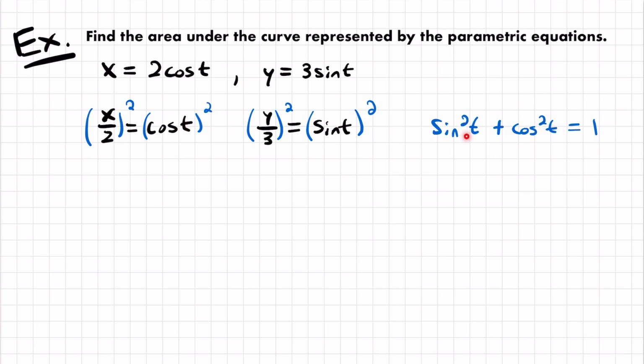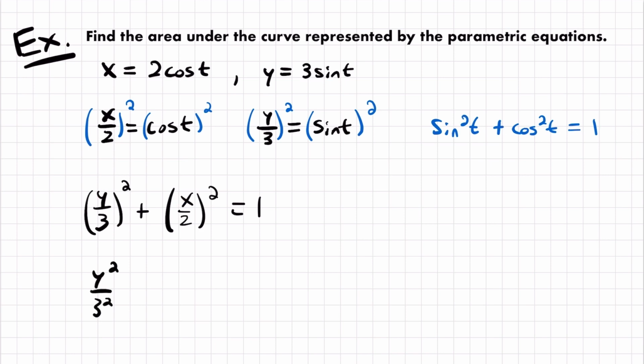And so we can replace sine squared t with y divided by 3 squared and cosine squared t with x divided by 2 squared. So what we'll have is that y divided by 3 squared plus x divided by 2 squared is equal to 1. Now if we square the numerator and denominator for both of these fractions, we'll have y squared divided by 3 squared plus x squared divided by 2 squared, and that is equal to 1.